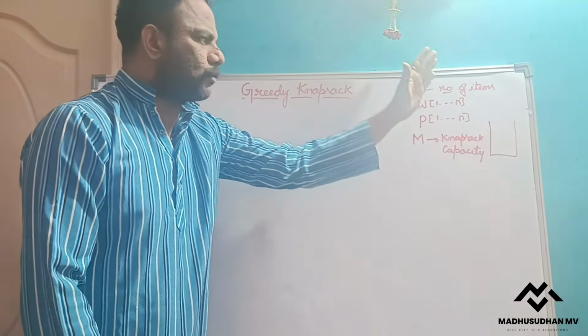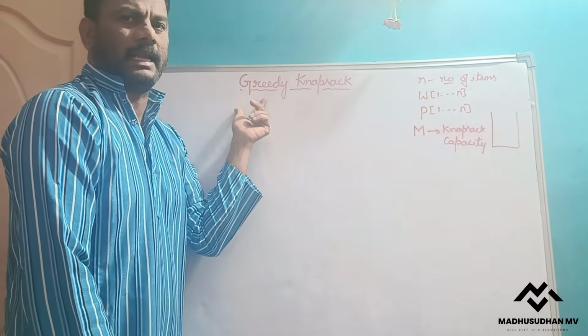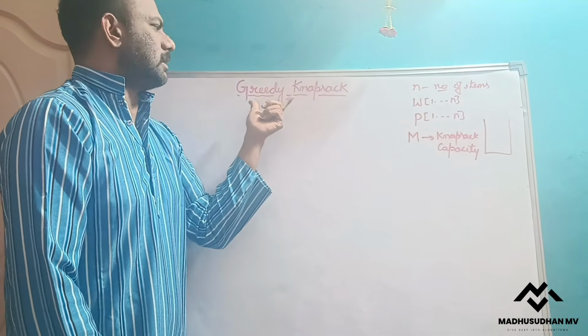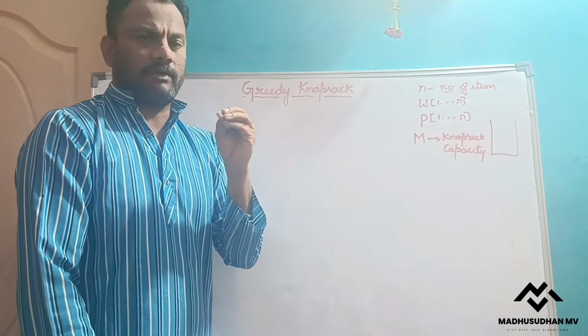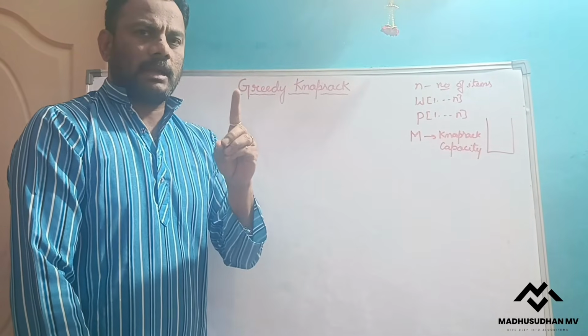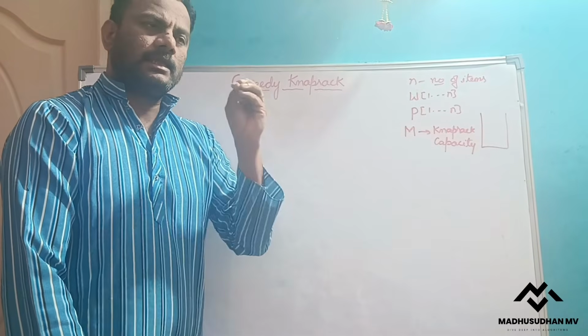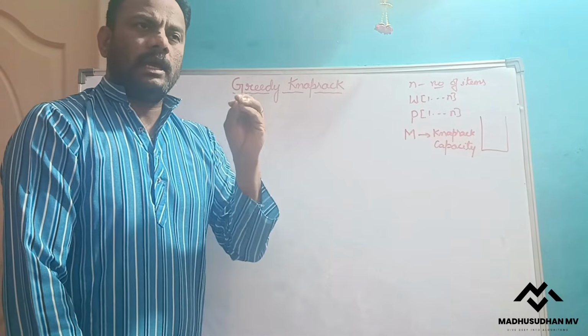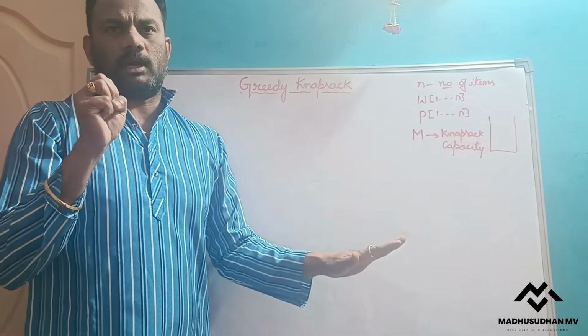Now, to solve the knapsack problem, since we are applying the greedy technique, it is called greedy knapsack. In part 30, I already explained the dynamic knapsack, which is also called the 0-1 knapsack. There, we have to select the complete item or not select it at all.